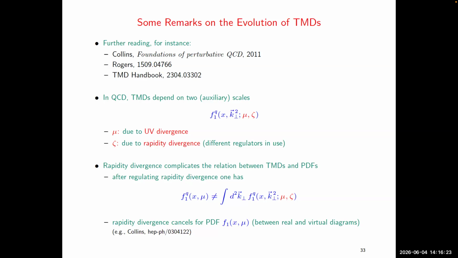Even if you calculate PDFs, at the end of the day there is no rapidity divergence, but at intermediate steps, the same divergence shows up. And you basically need to regulate, in the sense that then you add things and then you cancel the divergences and then you carry out the integral over the rapidity.